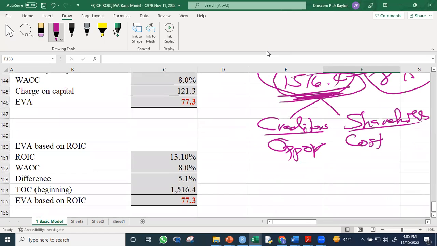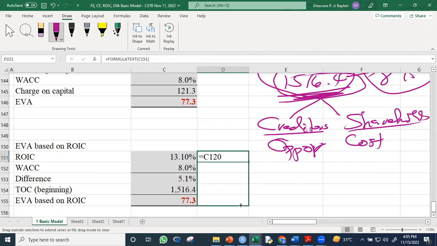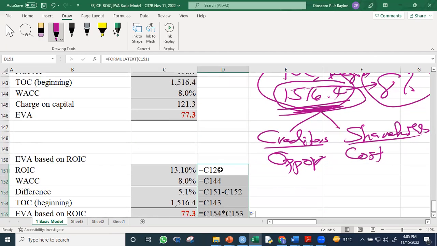Sige, any questions? May question pa yata. Sino pa yung nag-raise kanina? Yes, Julio? Okay, linagay ko rin yung formula text dito. Pati dito na rin.